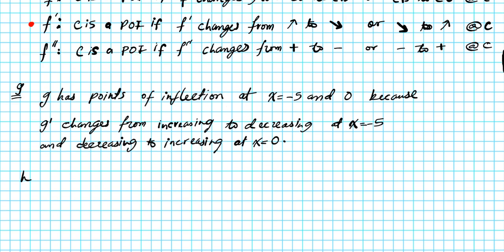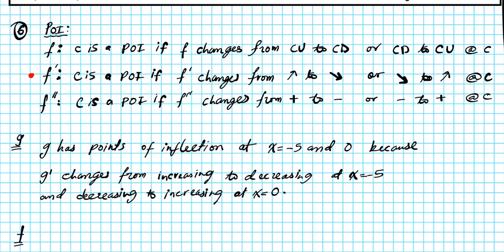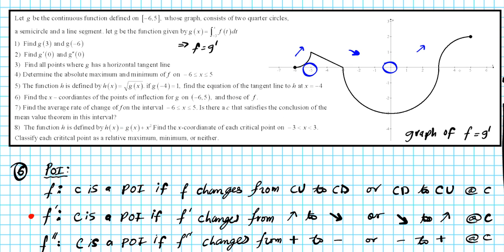So we're going to look for the points of inflection for f. Since we're looking at the graph of f, which of these three approaches are we going to use to determine the points of inflection of f? Since we're given the graph of f, this right here is the graph of f. So we are going to be using approach number 1.